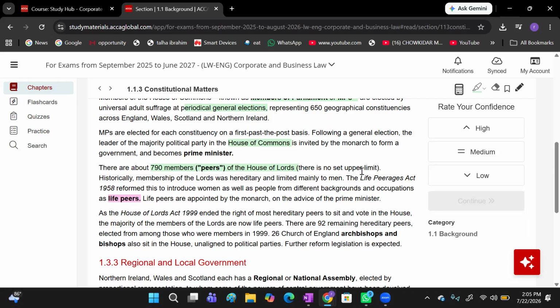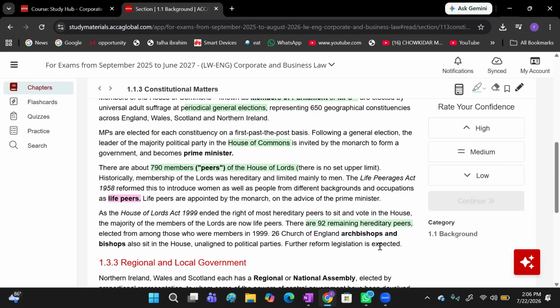Now, people from different backgrounds and different occupations, people who are distinguished or high achievers, or who have done something good for the country, are selected to sit in the House of Lords. So right now there are only 92 hereditary peers in the House of Lords. Otherwise, most of the people are selected based on their contributions to the country.